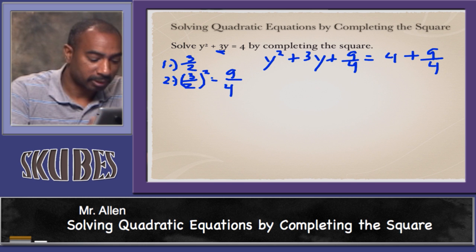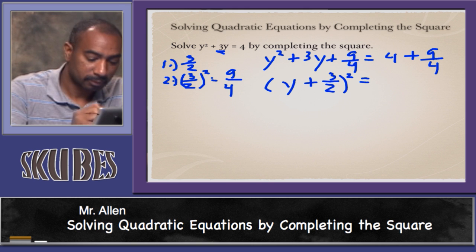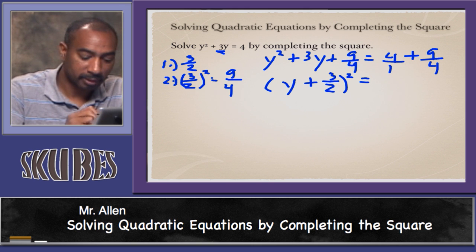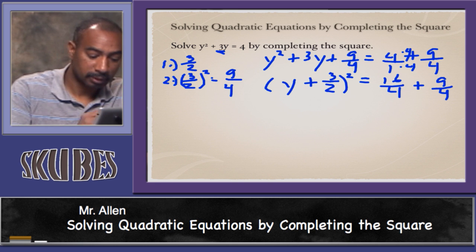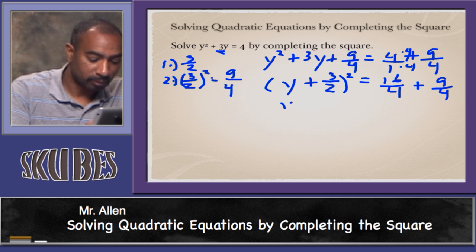And you can write this as a square. That'd be y plus 3/2 squared. But you got to make this into a fraction. So multiply top and bottom by 4. So you can get 16/4 plus 9/4. All right, so you get y plus 3/2 squared.